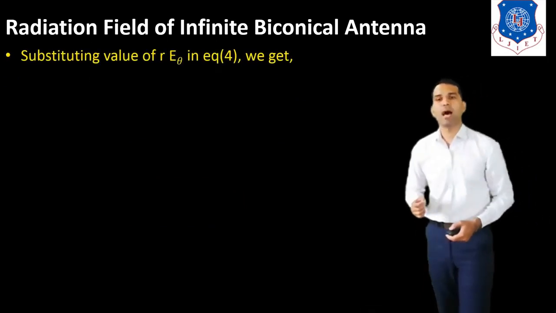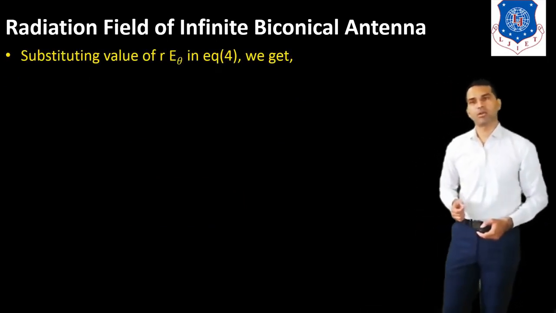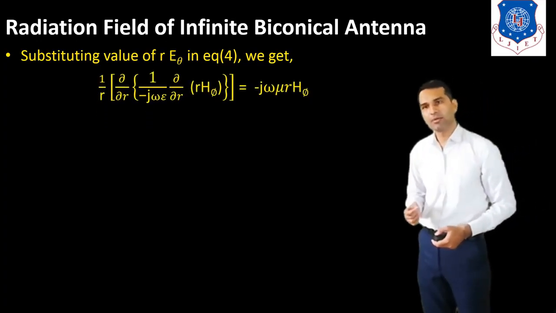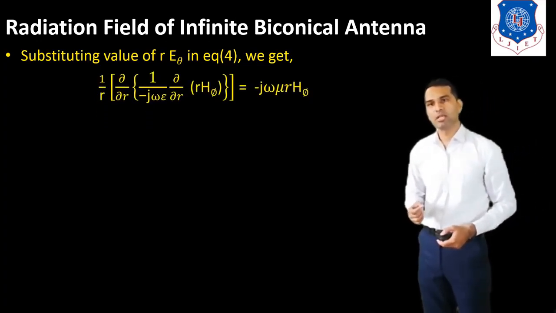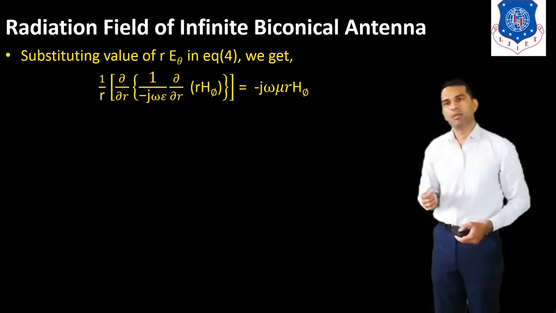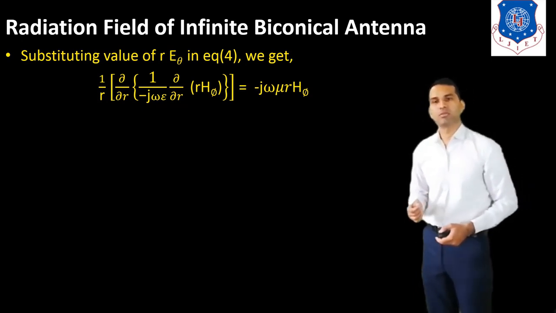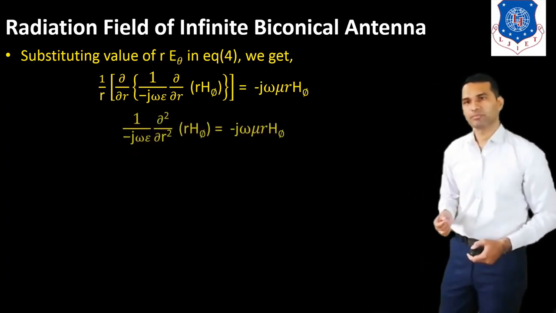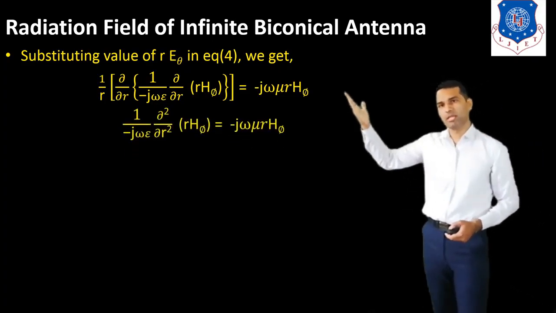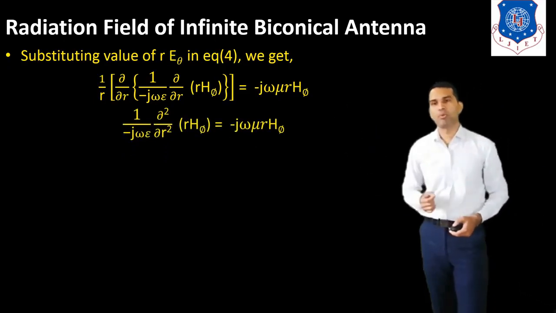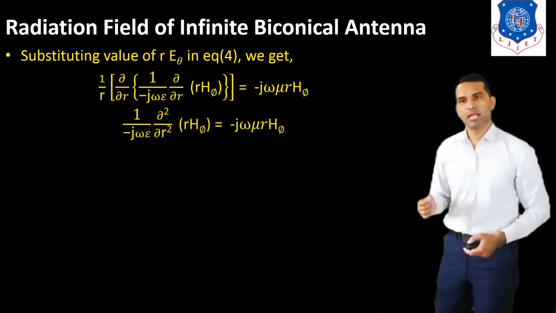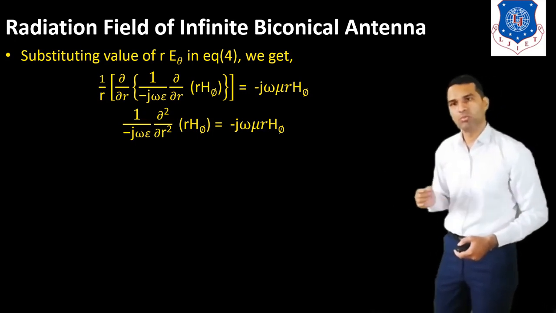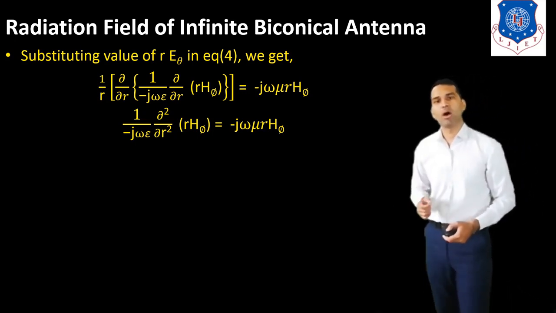Substituting the value of r E theta in equation number 4, we get 1 upon r del by del r of (1 upon minus j omega epsilon del by del r of (r H phi)) is equal to minus j omega mu r H phi. When we simplify this, we can write 1 upon j omega epsilon del square by del r square of (r H phi) is equal to minus j omega mu r H phi.